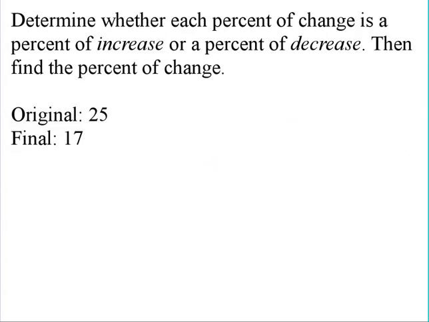Okay, so let's go ahead and look at this. I start at 25, and my final is 17. So what can you conclude this is? A decrease. Okay, so now I'm going to go ahead and use the formula.